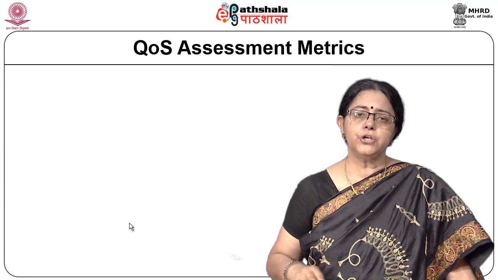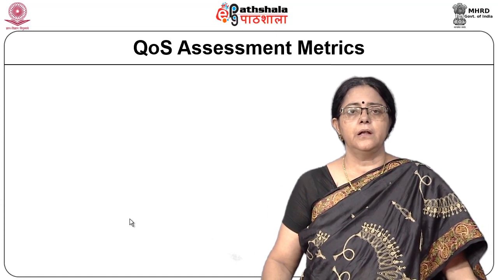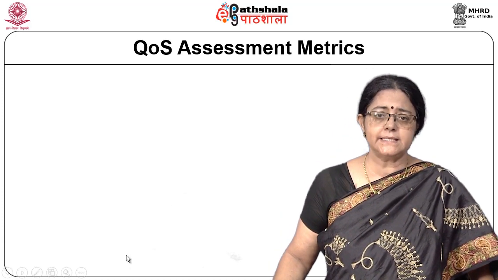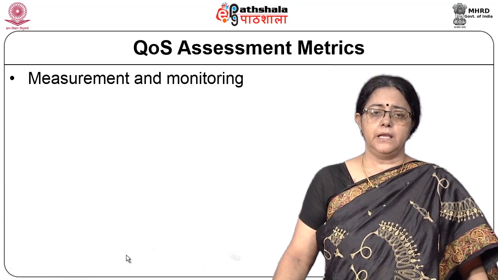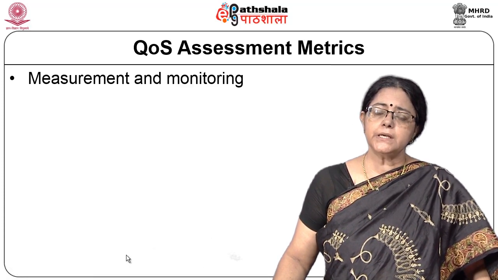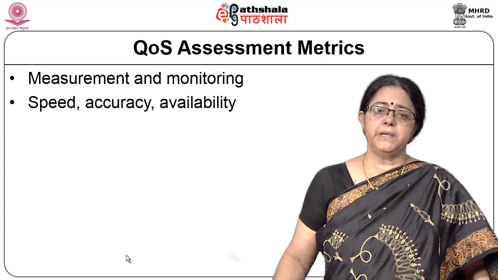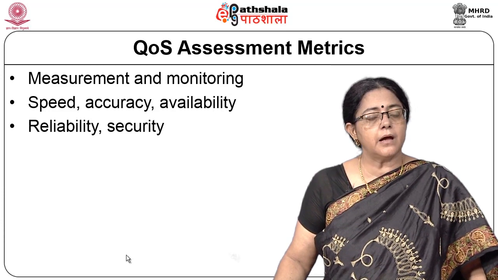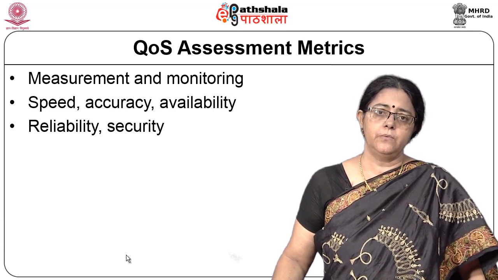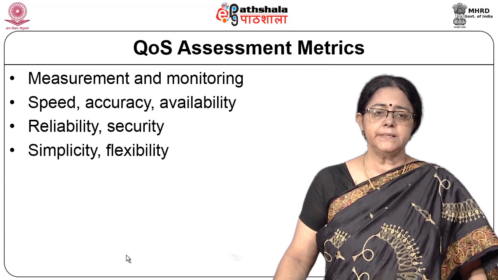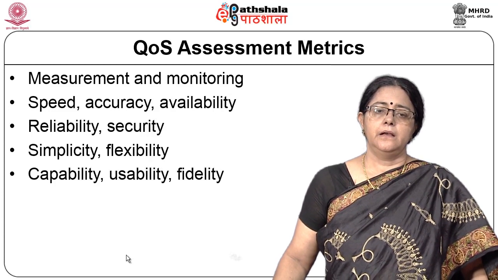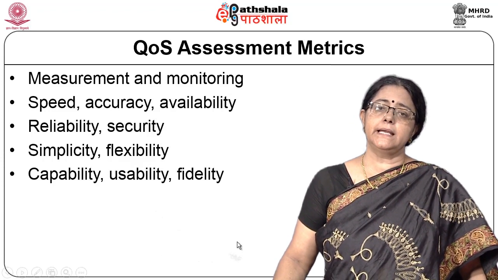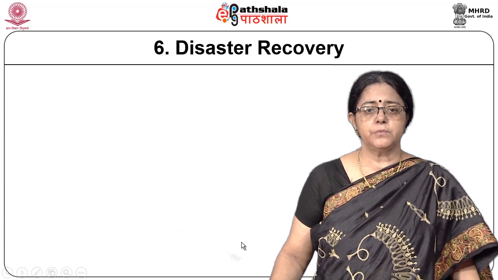Therefore, QoS metrics are used for defining them qualitatively, and how to assess the QoS parameters is important: how to measure and monitor speed, accuracy, availability, reliability, security. I say it is reliable, but how reliable it is will be a measurable quantity. Simplicity, flexibility, capability, usability, all these are QoS parameters used by providers and consumers.